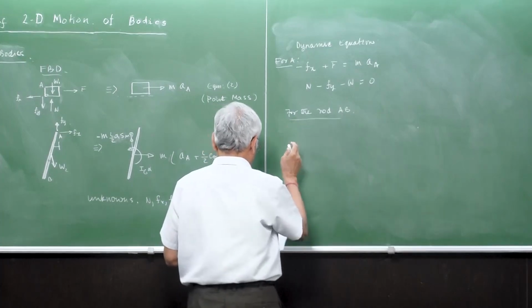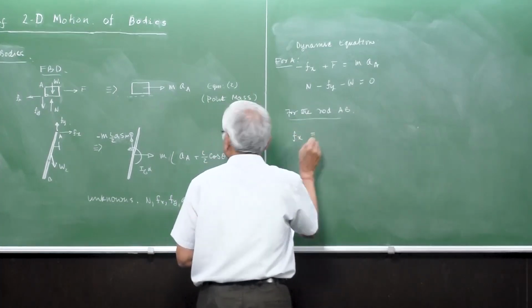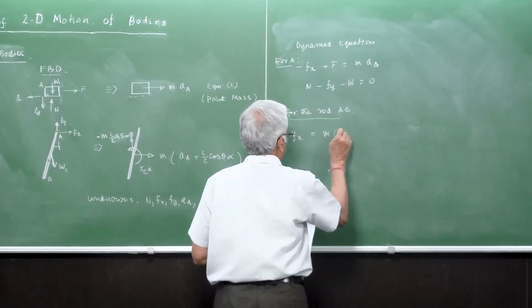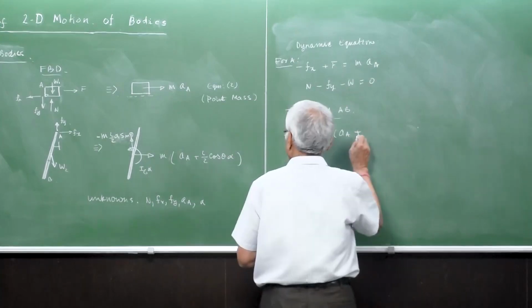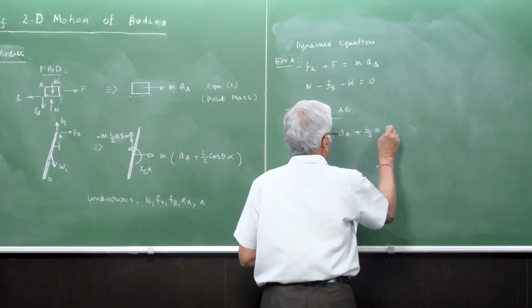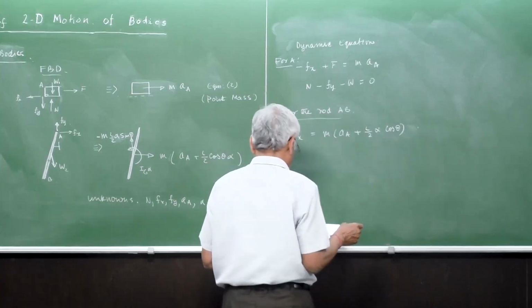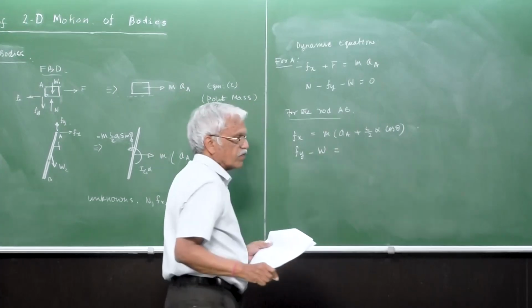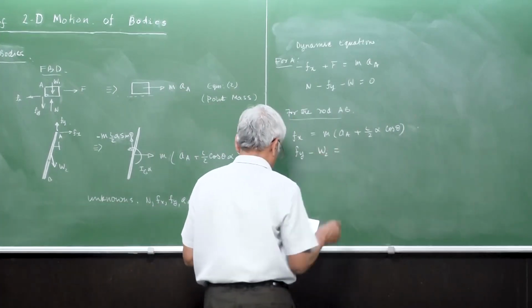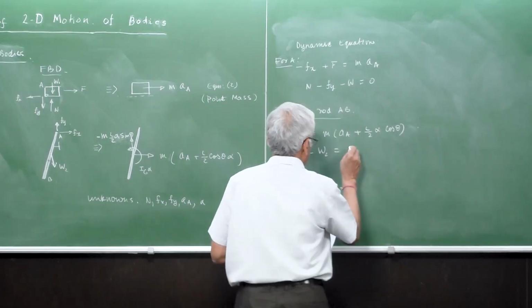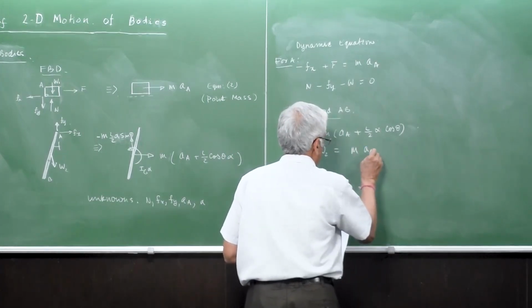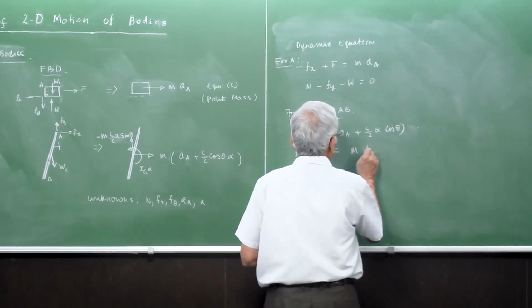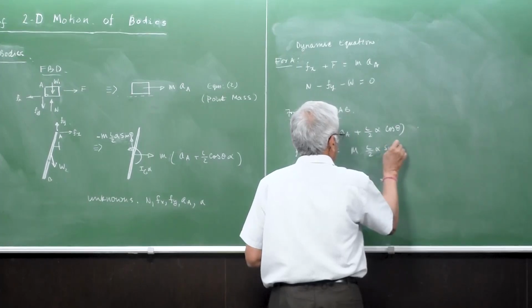The rod. So we have here Fx, the x component of the equation is Fx only. So that's equal to m times, on the right side, it is a_A minus L by 2 alpha cos theta, right? And the y component is Fy minus W2 for this one, which is m a_Gy, and a_Gy is L by 2 alpha sin theta.